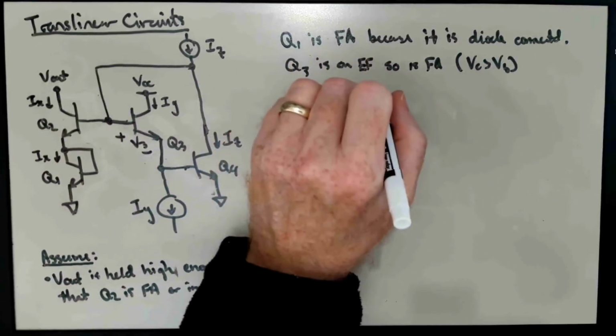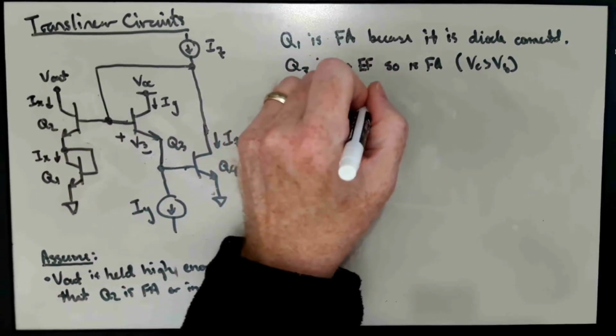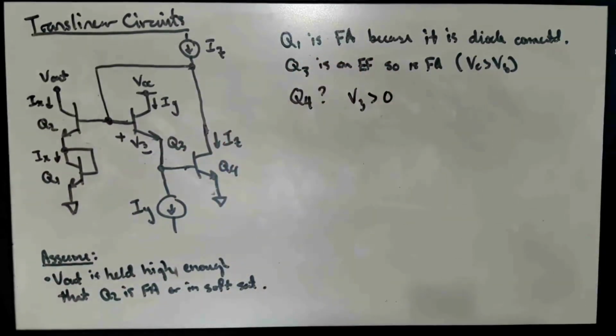Well, V3 is greater than 0 because Q3 is in the forward active mode and it's carrying a current.